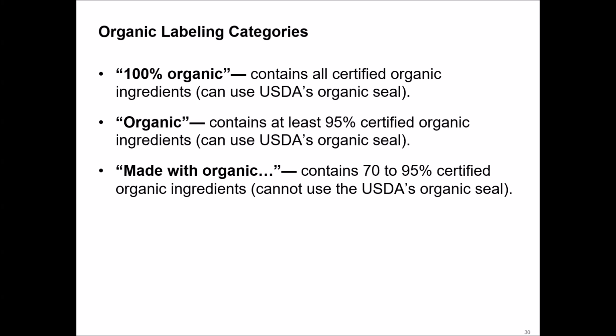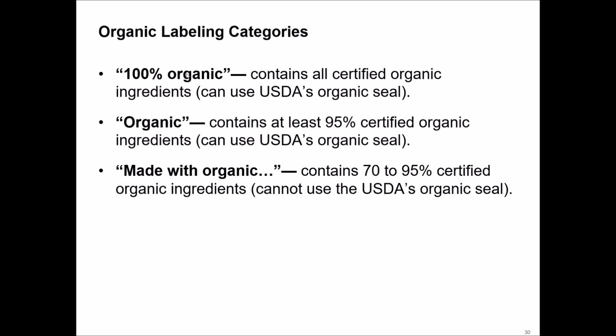Now, there are some categories that you'll find in the grocery store. So start looking for these if you're interested in organic labels and what they mean. Sometimes you see 100% organic. That means all of the ingredients in that food item have to be certified organic.